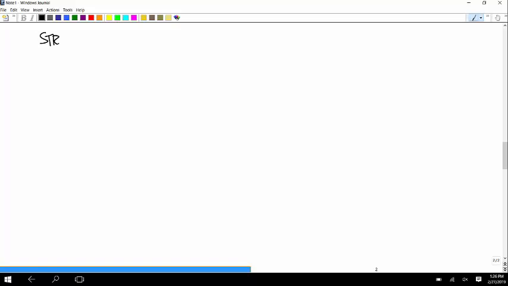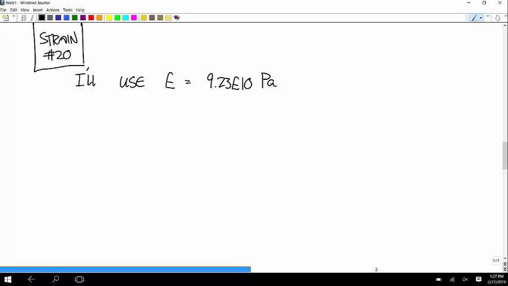Young's modulus is 9.23 times 10 to the 10th. For number 20, it says to assume the linear elastic region for this material continues up to a stress of 1.5 times 10 to the 7th pascals.